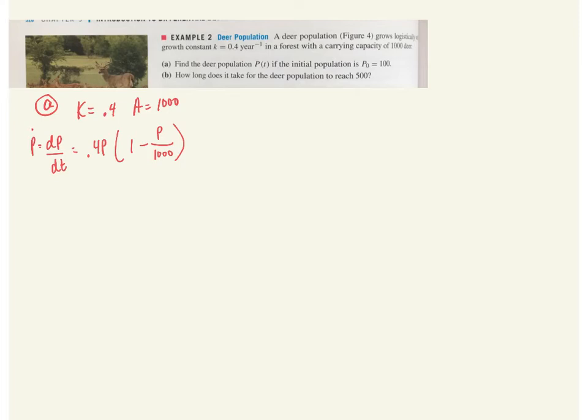Okay. And then our general solution would be P of t equals 1,000 divided by 1 minus e to the negative kt, so negative 0.4t, divided by c.